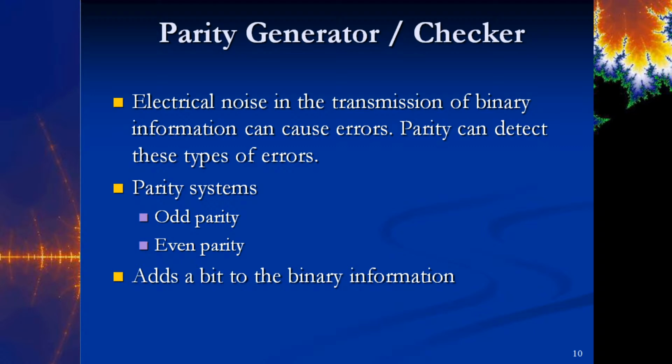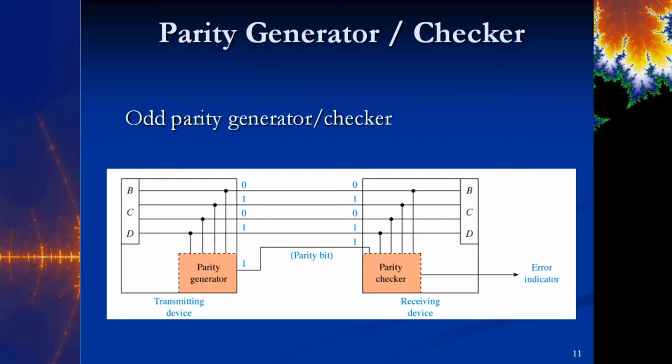Okay, so let's talk about what those are. First, let's look at a really simplified view of the parity generator and checker. Okay, so here's what happens. And it's really no more difficult than what I'm about to say. If you're on the transmission side and you are in odd parity, all odd parity means is that on the transmission side, if you count up all the highs, that's an odd number.